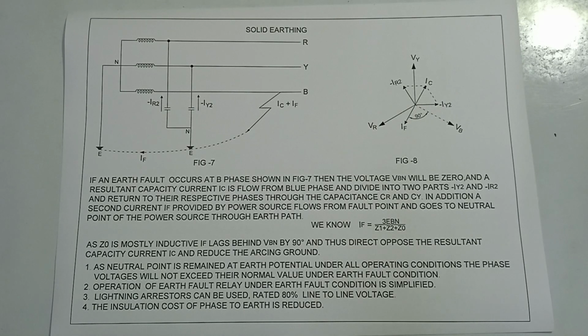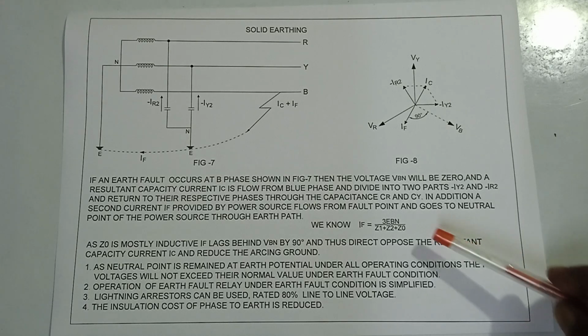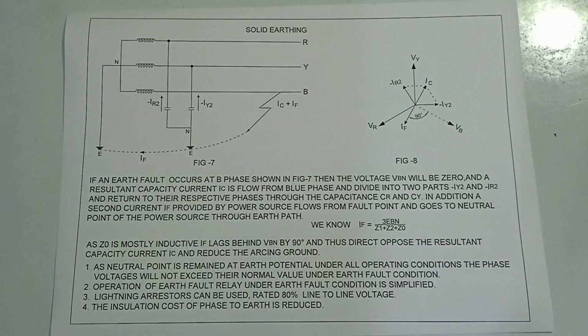Zero sequence current is the unbalanced earth fault current that flows through the neutral. The impedance offered by the system to the flow of zero sequence current is known as zero sequence impedance. This is the zero sequence impedance Z0.